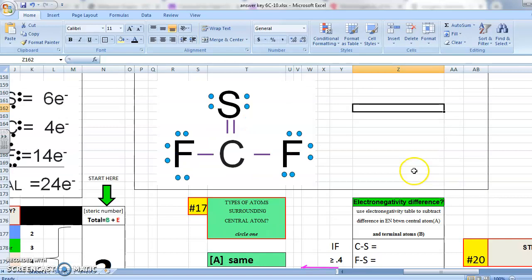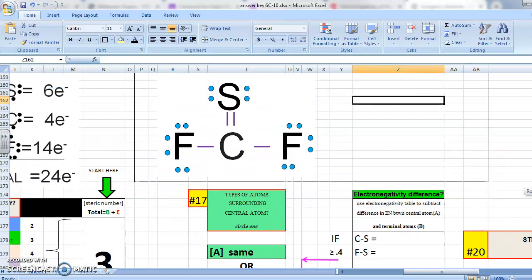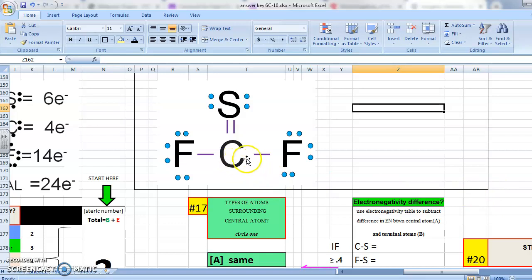So let's take a look at the bond types. To do that, we'll look at electronegativity differences, except we know something. Fluorine's 4.0. It is the highest electronegativity of all. When fluorine is attached to any other element, including oxygen, whose electronegativity is second highest at 3.5, 4.0 minus 3.5 would be 0.5. It's polar.